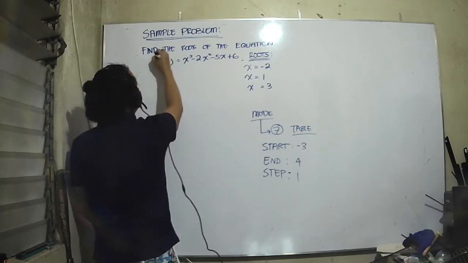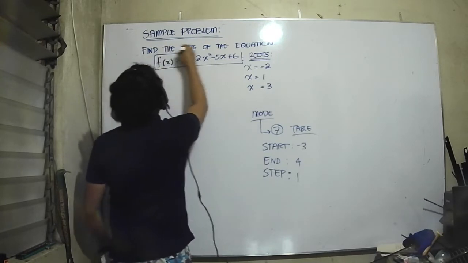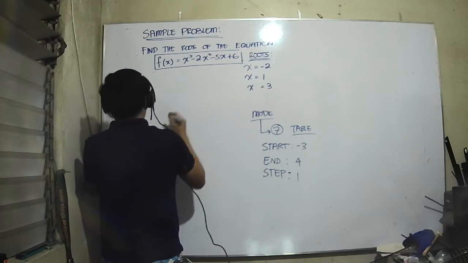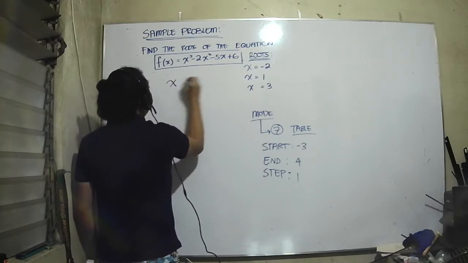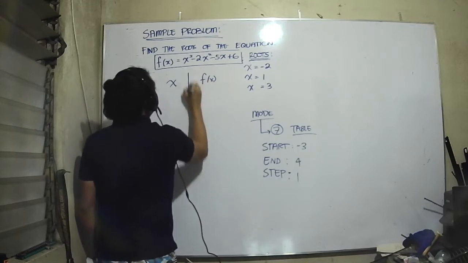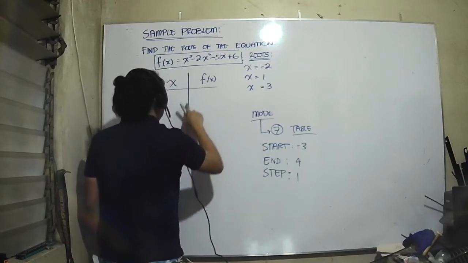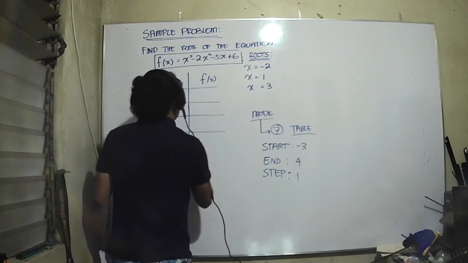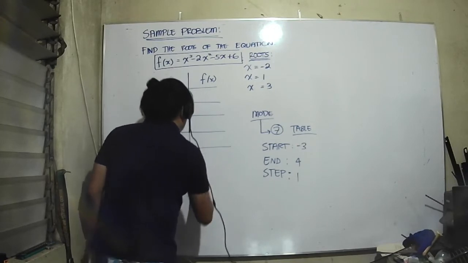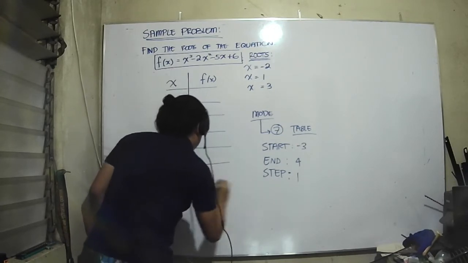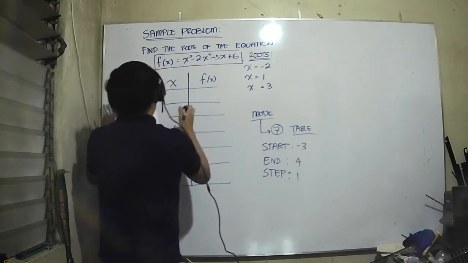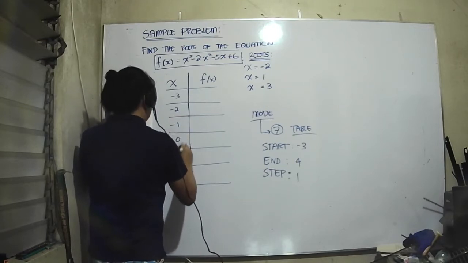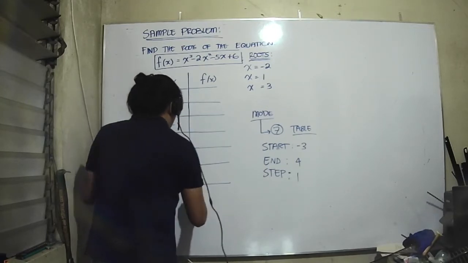This is the equation we should input, by the way. Our f of x should be this, so that the table shows x versus f of x. The x values start with negative 3, negative 2, negative 1, 0, 1, 2, 3 and 4.